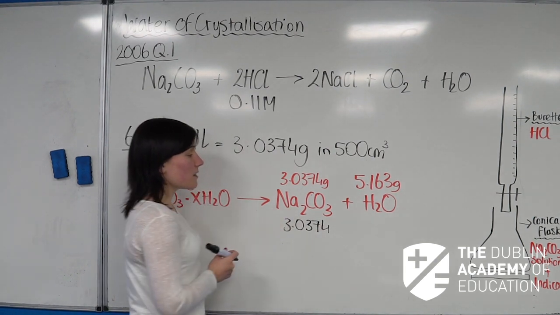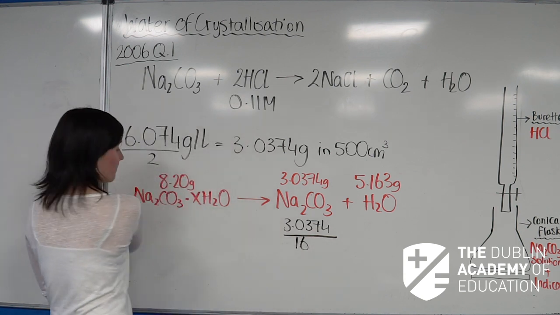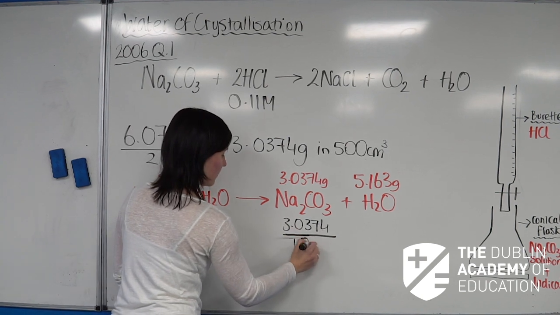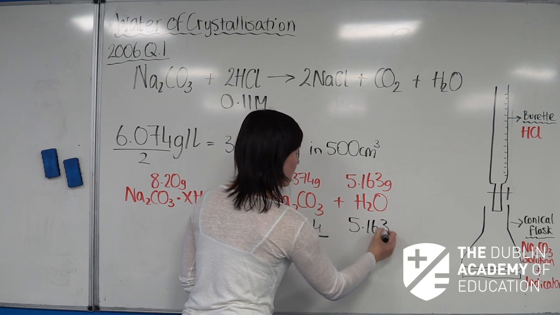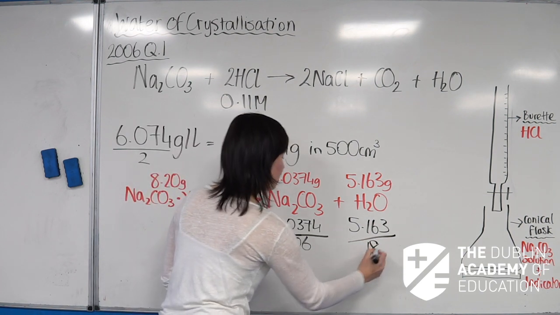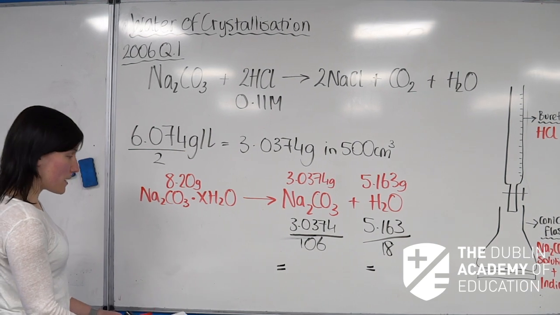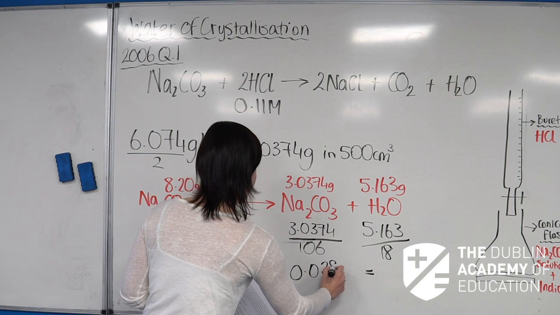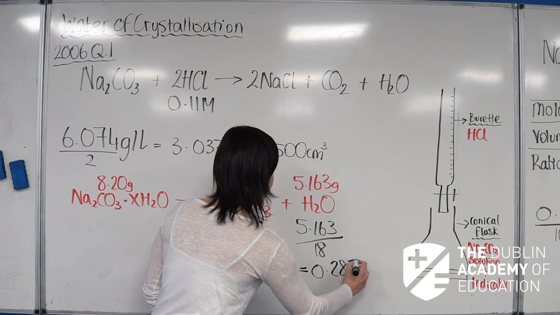We've already worked out that the molecular mass of sodium carbonate is 106. And then, of course, water, we're going to divide that by its molecular mass, which is 16 plus 1 plus 1, which is 18. So for the sodium carbonate we get 0.0287, and for the water we get 0.287.